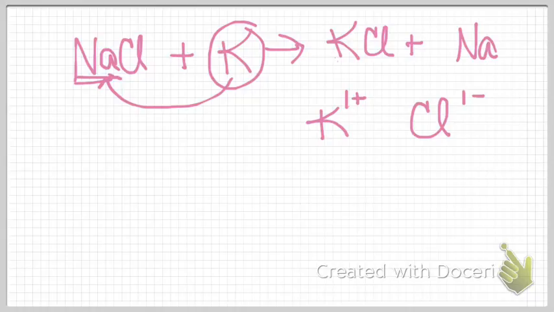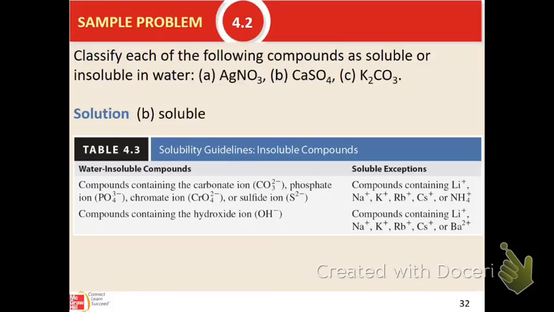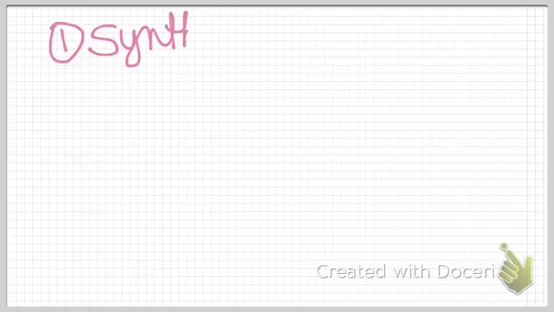Okay? Well, let's do a quick recap of the 5 types of reactions. The 5 types of reactions are: number 1, synthesis, also known as combination.